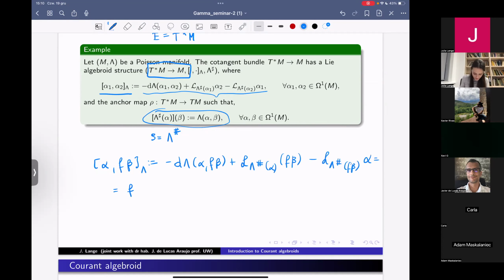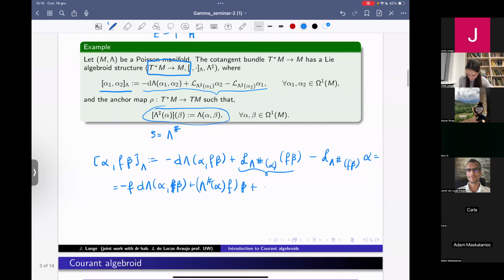Now the f goes outside of this formula, and here we can rewrite this term in two other terms.